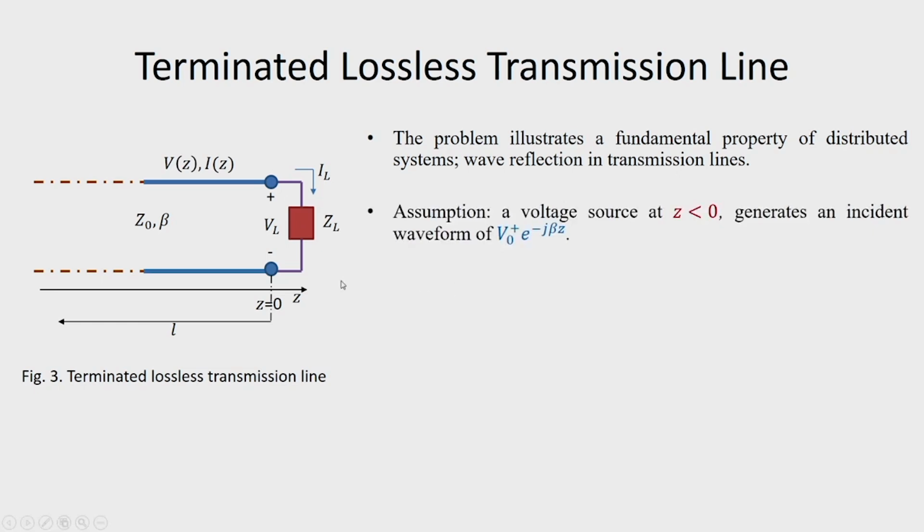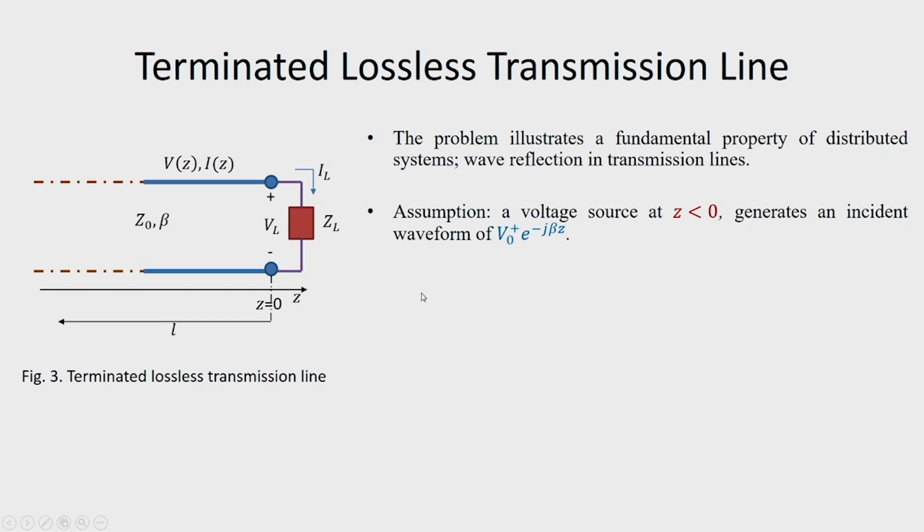So, we assume the voltage at z less than 0 is incident from a source, and it sets up a waveform V naught plus e to the power minus j beta z propagating in the plus z direction.